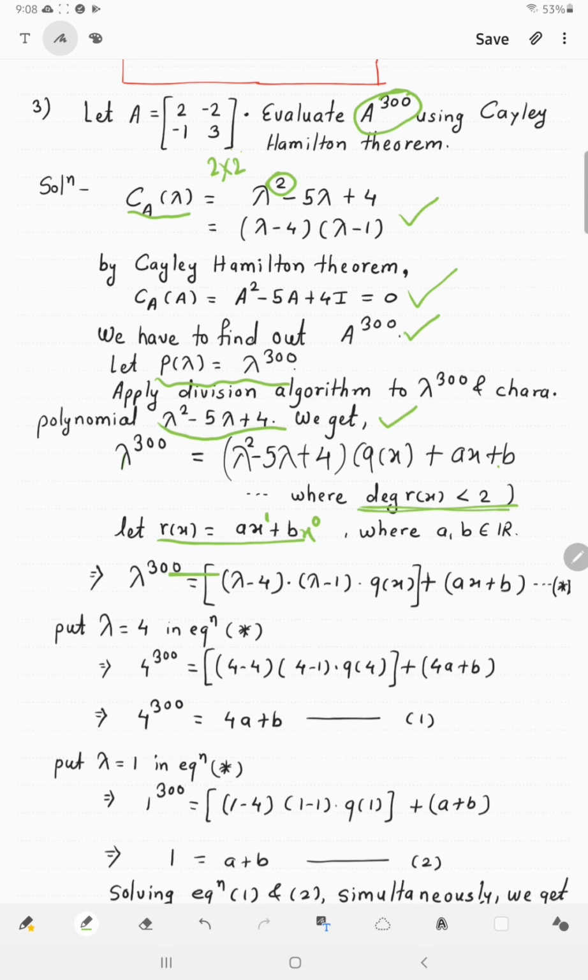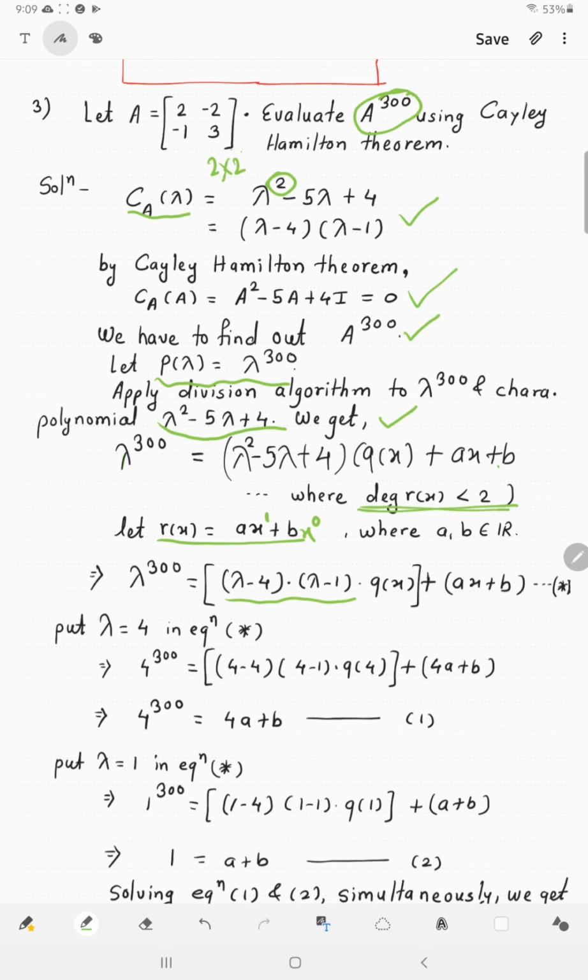Now lambda raised to 300 is equal to lambda minus 4 into lambda minus 1, as lambda square minus 5 lambda plus 4 is nothing but lambda minus 4, lambda minus 1, times q of x plus ax plus b.